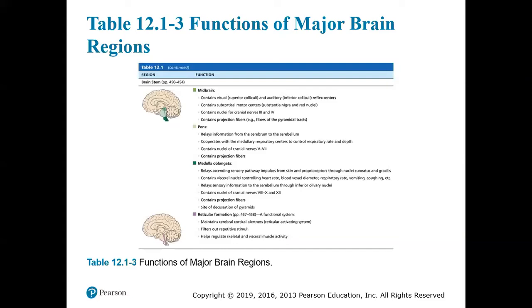We also already covered the midbrain, pons, medulla oblongata, and reticular formation, which helps regulate skeletal and visceral muscle activity. That's the one we just covered, the reticular formation. So know this table because you will be tested on this.